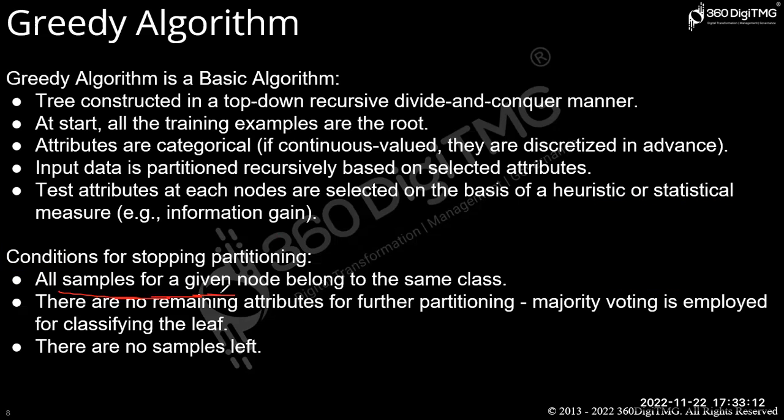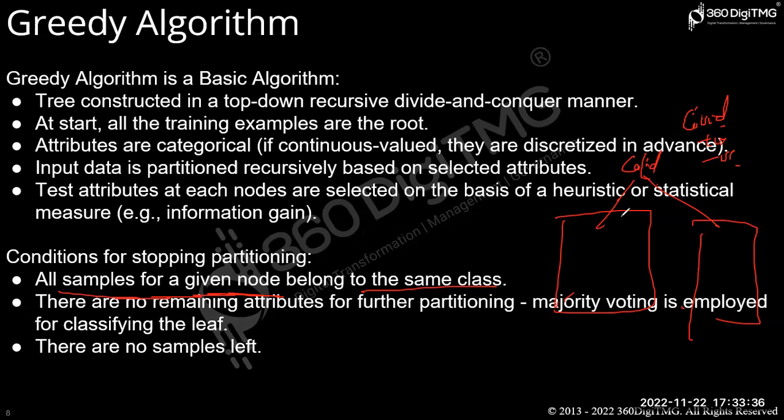All samples for the given node belong to the same class. So let's say COVID: based on the data, I'm deciding whether it is COVID positive or COVID negative. When I'm splitting based on some feature, let's say cold, we will have labels, right?